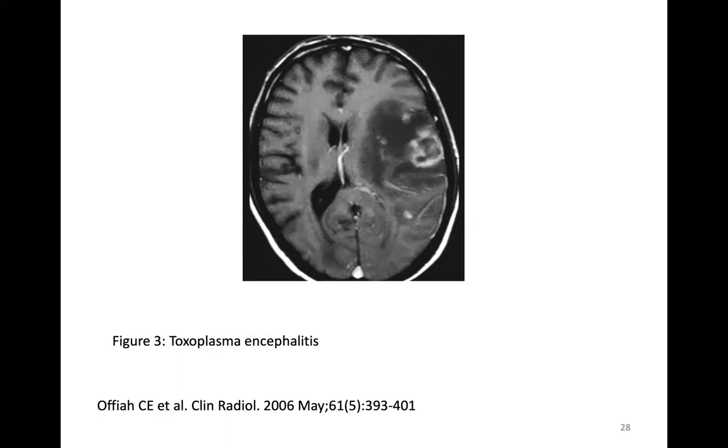Comparing to the right side, the same area, you can see nicely the gyri and follow them. But on that side where there are lesions, it's just hypodense. You can't even see the sulci and gyration, so it's effaced. It's because of the mass effect by the lesion.